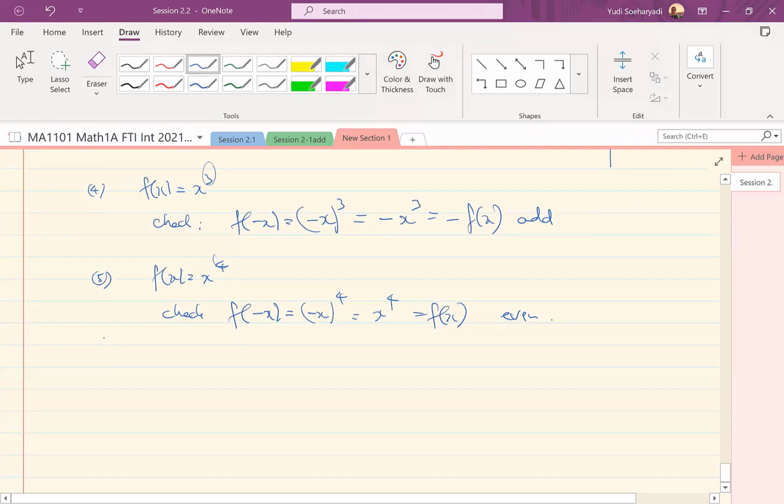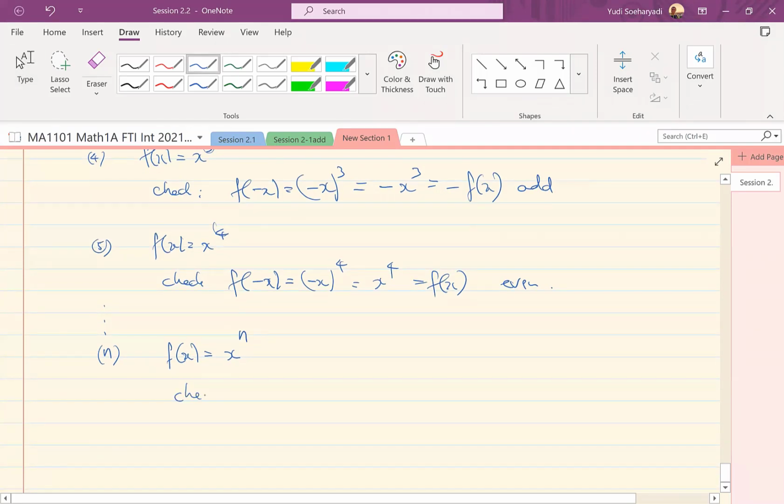Okay, so x to the n, right? So that really depends on the n, like a negative x. Okay, so this is negative 1 to the n times x to the n. So that really depends on the n here.